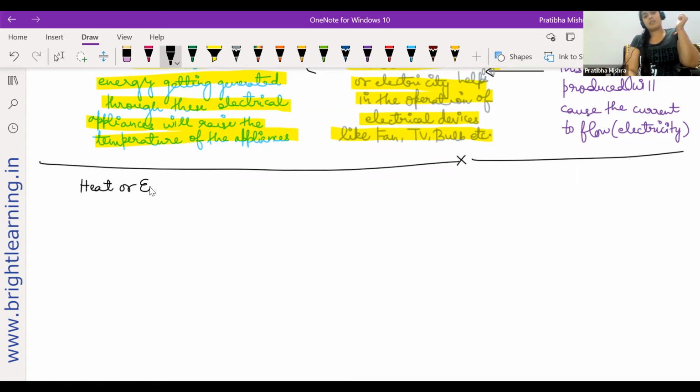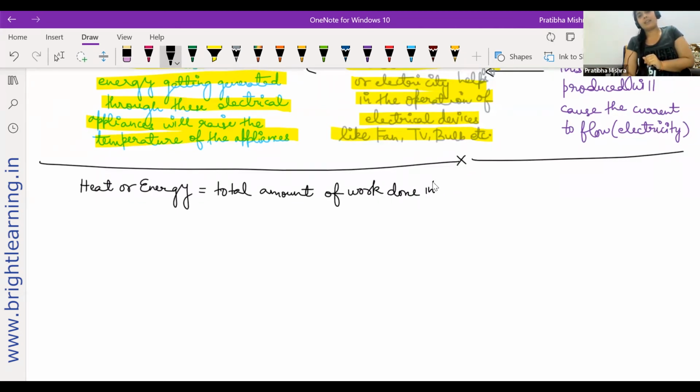Heat or energy. It is nothing but the total amount of work done in some time, in a particular time. I'll just write that as a definition.